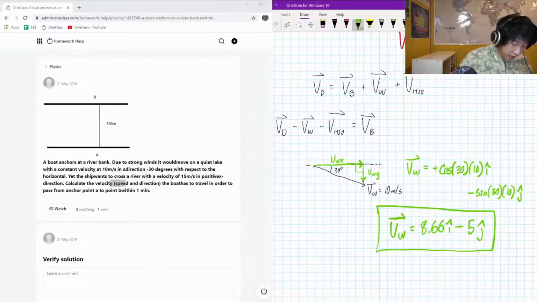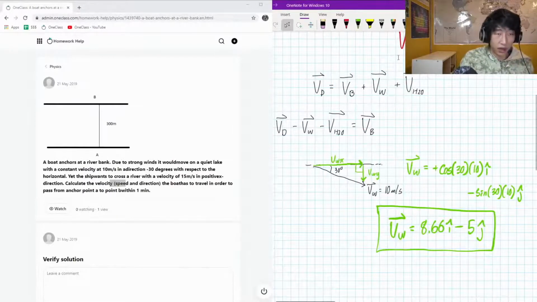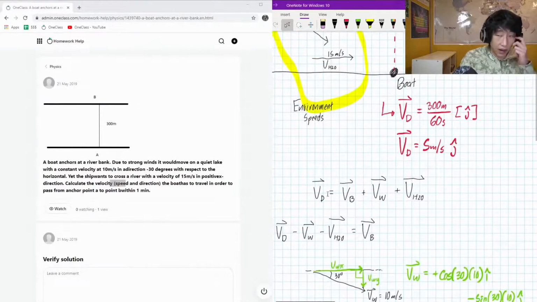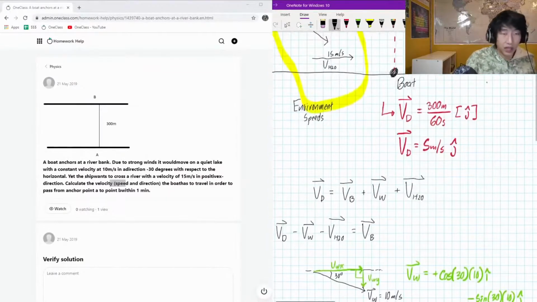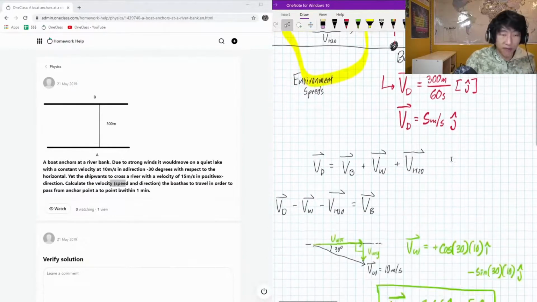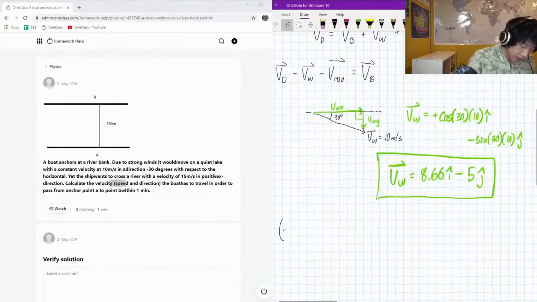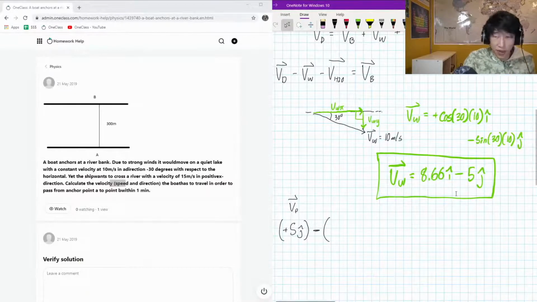Okay, so here we have our VW, and VH2O we are given, and VD, our actual final velocity, is also given, so we can just sub those in. So VD, we had positive 5 meters per second J. So 5J, that corresponds to VD minus, now if you mess up these minuses, big trouble.